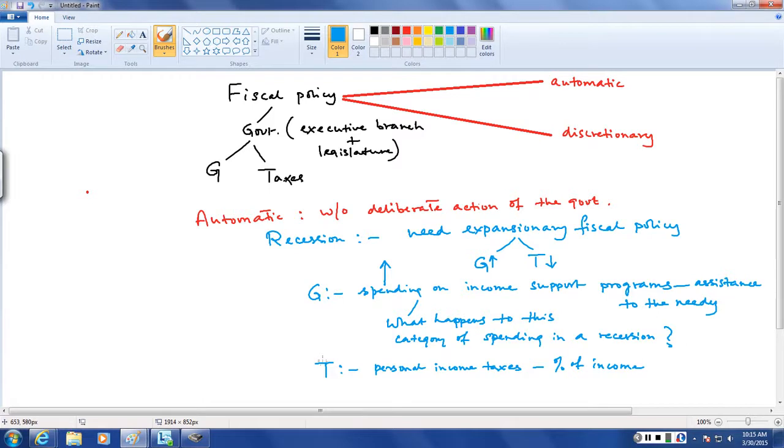All right, so now again, would this behave automatically? Now remember, in a recession, what do we need? We need taxes to fall, right? Now, what happens in a recession? In a recession, people's incomes fall. Am I correct? In recessions, people's incomes tend to fall.